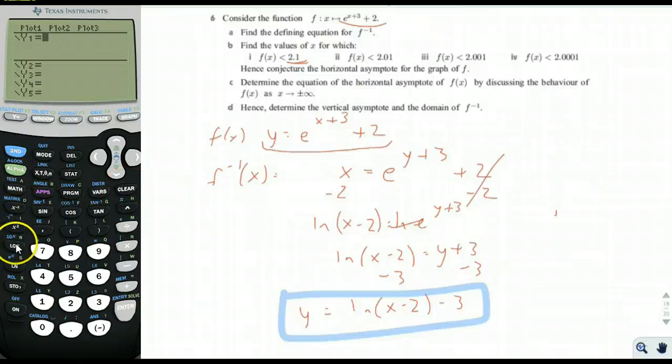That would be e to the x, blue natural log, okay? And then we're going to put x plus 3, and then plus 2. And then we're going to see that in a table.